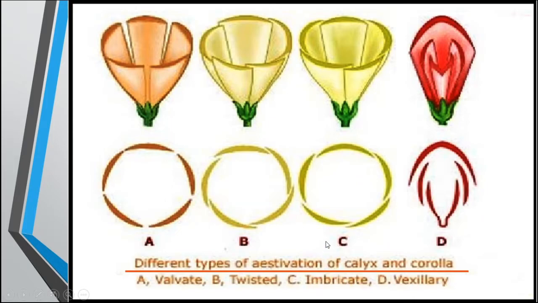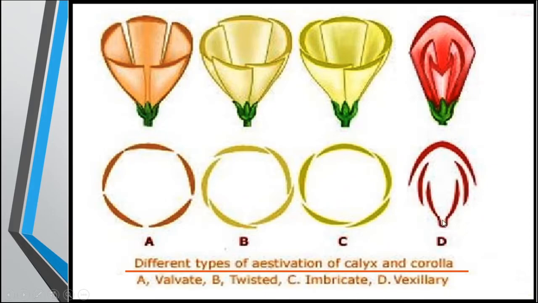Now in imbricate, some of the calyx or corolla is like this one, that is twisted type, and some have both the ends overlapped by others, and here it is overlapping on both the ends. So they are in irregular fashion, and this is known as imbricate type of aestivation.